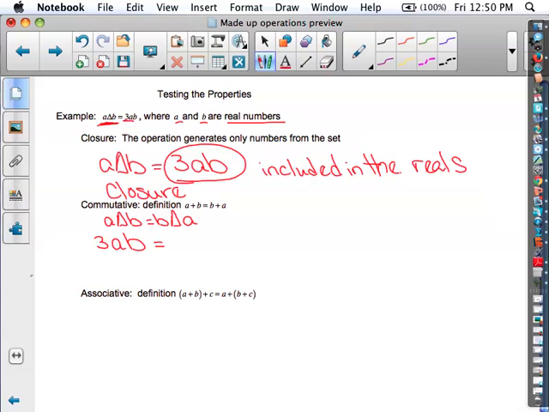On the other side, B delta A generates 3 times the first element times the second element. And now, because the operation between those is multiplication and multiplication is commutative, the operation delta is commutative because you can see that these two are clearly equal. So for the operation delta, the answer for commutativity is yes.